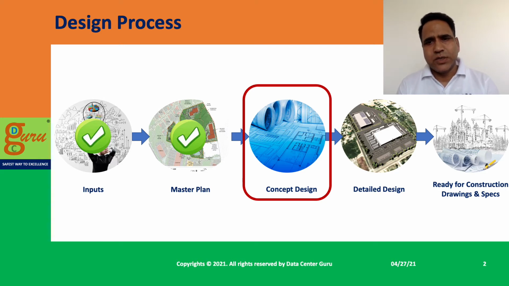And the second stage we also covered in my previous session, which was master plan. Because if you are building a data center from scratch and you are given a land, how do you start? The first thing to start with is the master planning process. And in today's session, we are going to talk about the conceptual design.